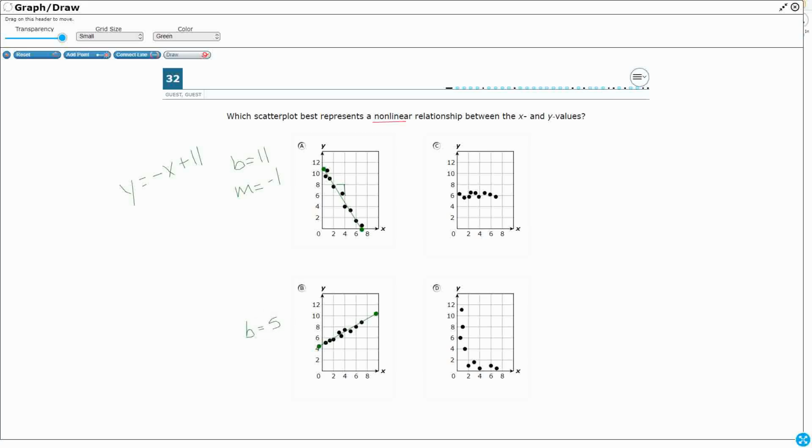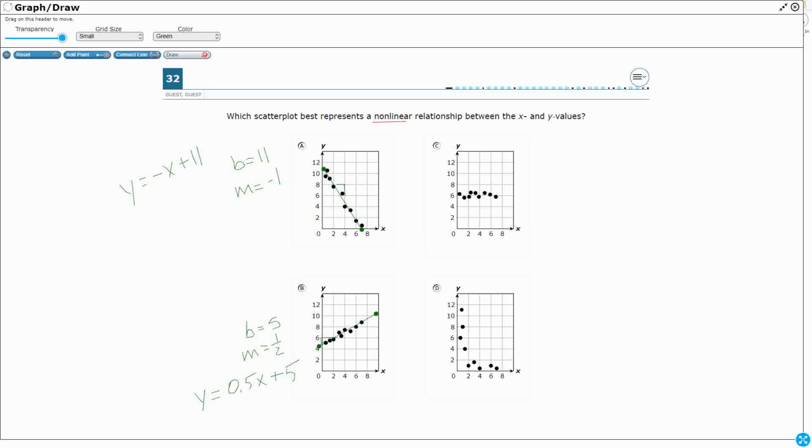This one's got a positive slope, it's moving up, and it goes up 1 over 2, so our m is going to be 1/2. So we can say y equals 0.5x plus 5. Those are approximations, but I can make the case that A and B can be linear relationships because I can put them in slope-intercept form.